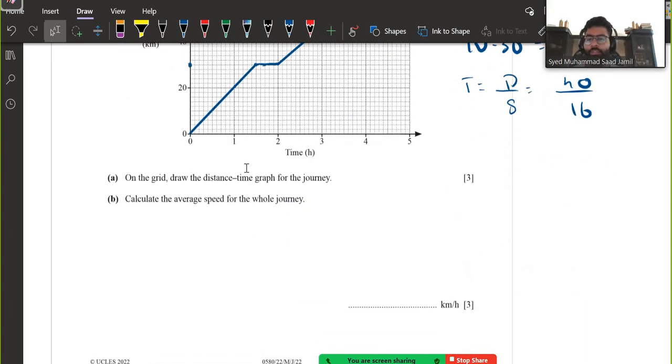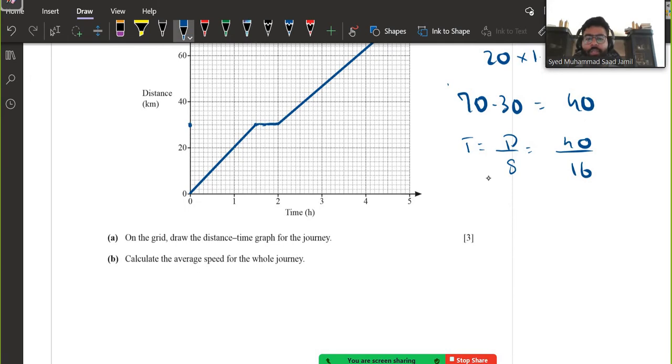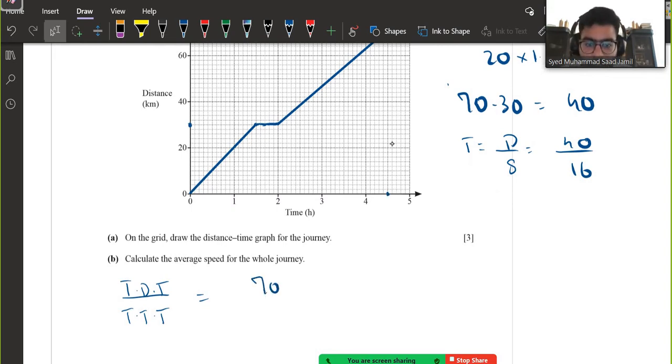The second question says calculate the average speed for the whole journey. Average speed formula is total distance traveled upon total time taken. As we can see, we traveled a total distance of 70 kilometers, and how much time did we take? 4.5.